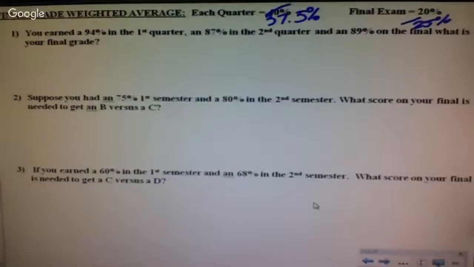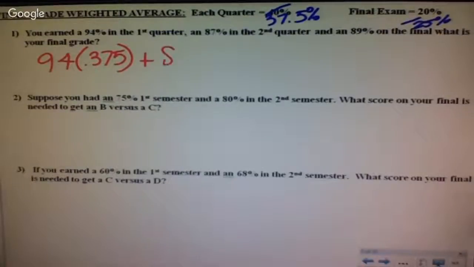So if you earn a 94% for the first quarter, that quarter is worth 0.375 of your grade. That's 37.5% as a decimal.